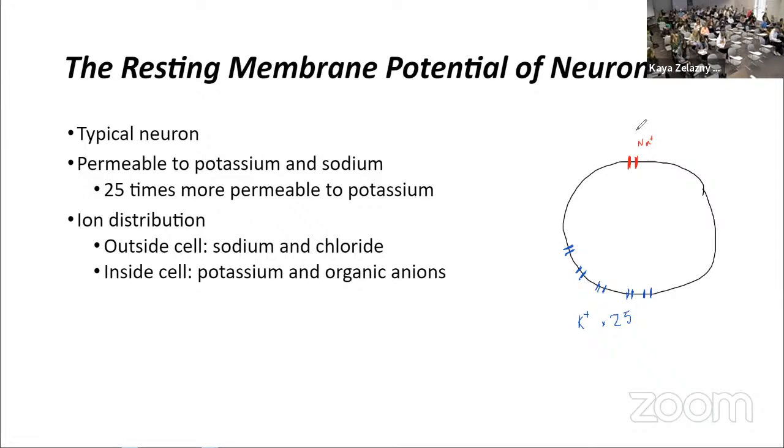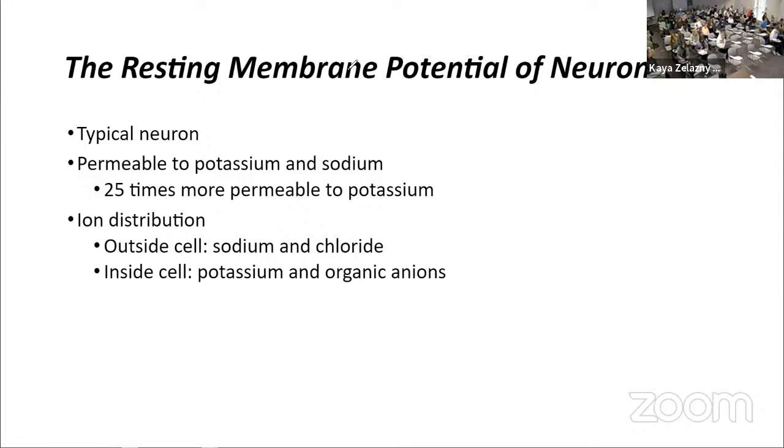This means the potassium is easily able to move across this membrane, at least compared to sodium. Right? Both of them need a protein to go through, both of them need a channel to go through, but they need a channel specific to that ion. So potassium basically has more doors for, in this case, escaping.